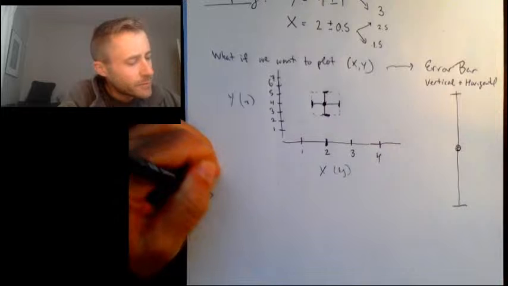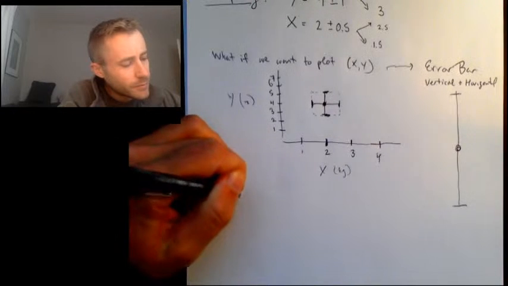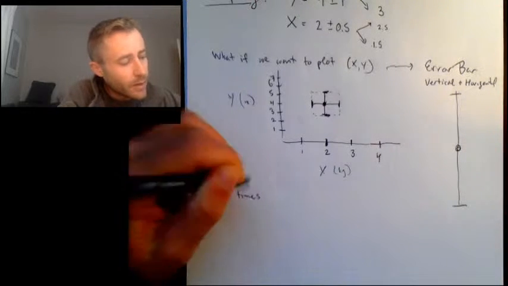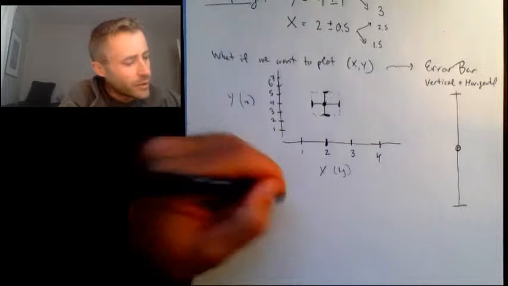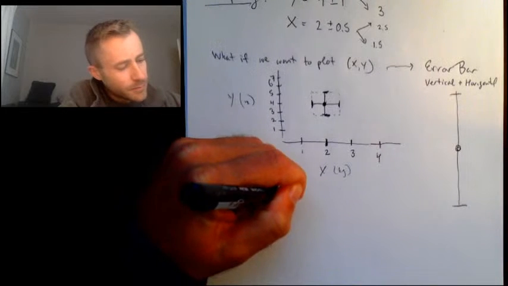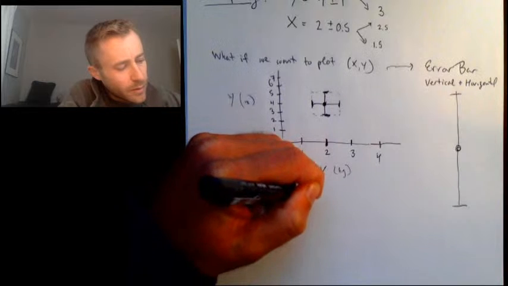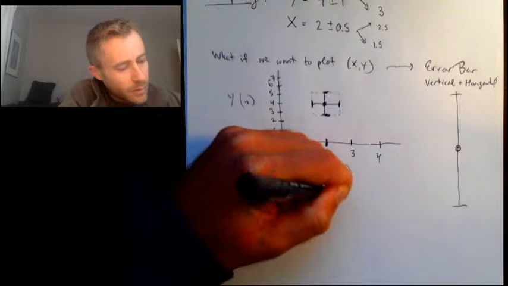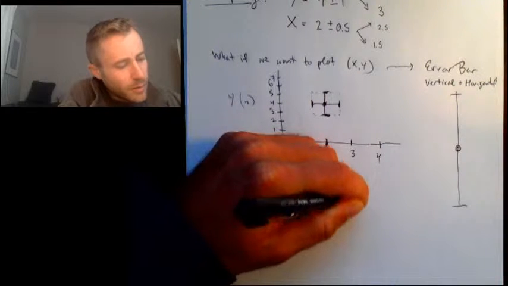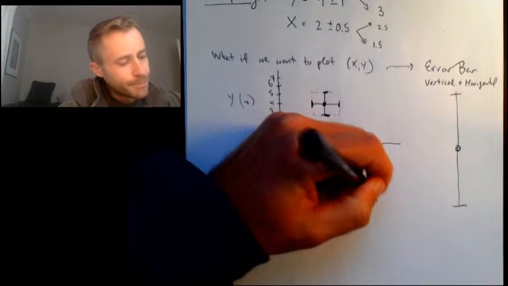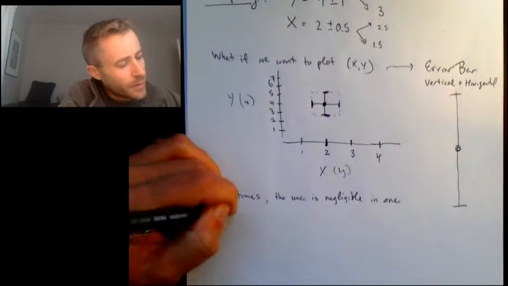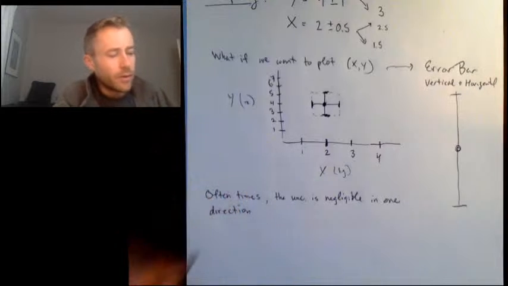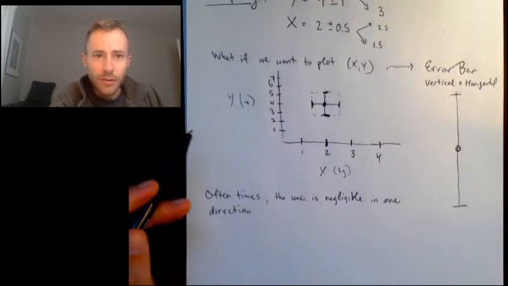Oftentimes, the uncertainty is negligible in one direction. Maybe the uncertainty in x is negligible.